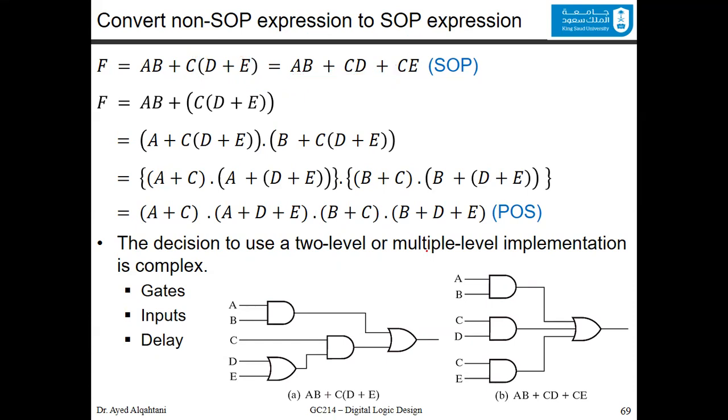Now, to get the product of sums, you do distribution. You distribute the A here and also the B here, and you keep doing this. If you do it, it will be A or with this term, B or with this term, and you AND them together because there was an AND here.